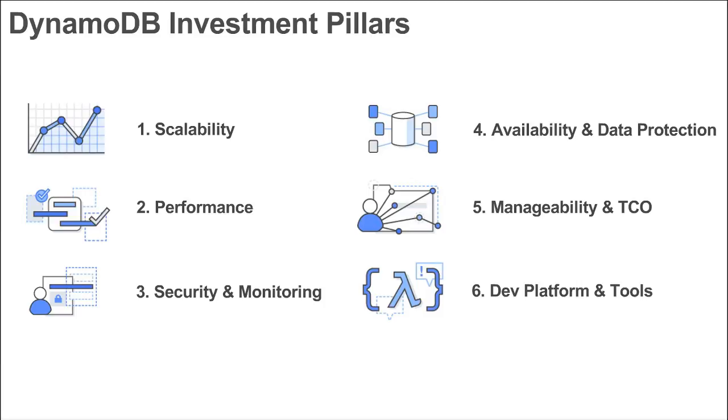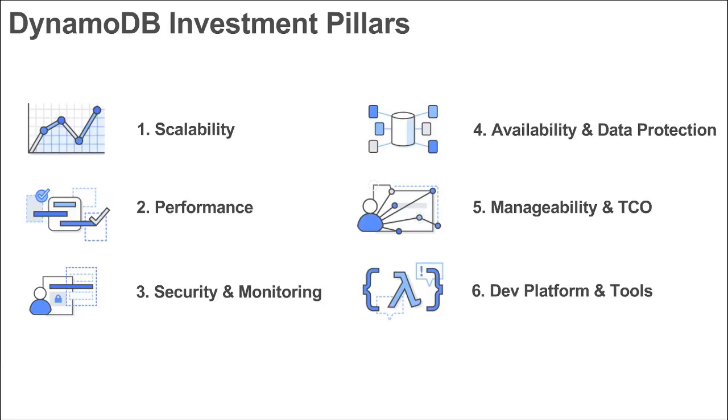So by integrating with IAM, again a key example of where we are leveraging the AWS platform, we are able to ensure that you have item level and attribute level policy controls for any DynamoDB table.